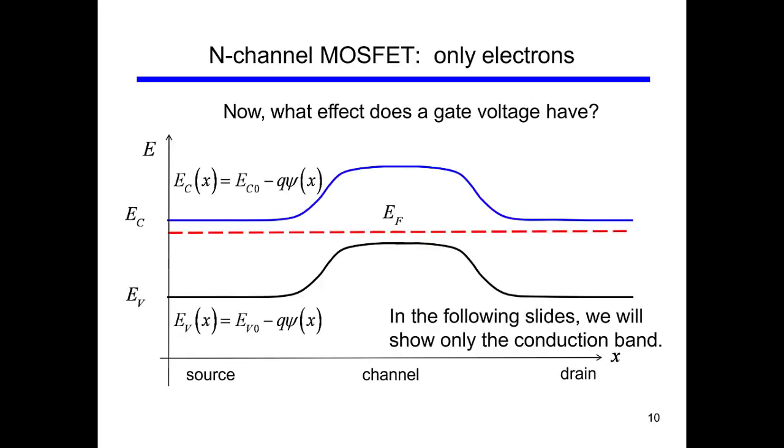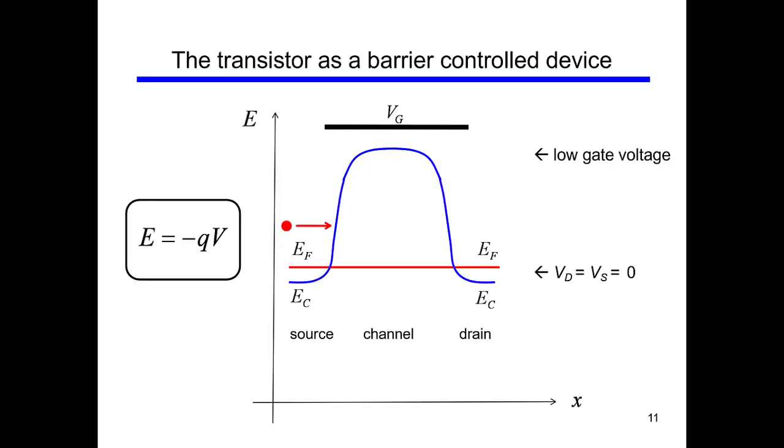And what will happen is something like this: when you apply a voltage, okay, the barrier will go down. Okay, so you see, this is the channel. This is the picture that shows the barrier.